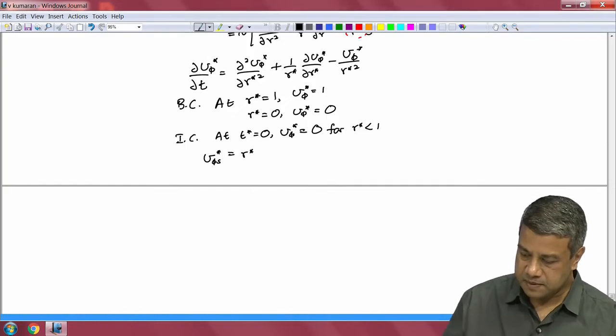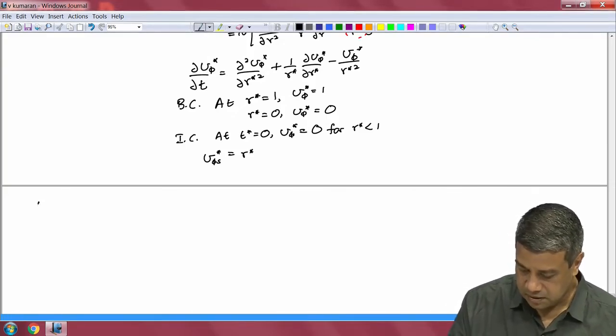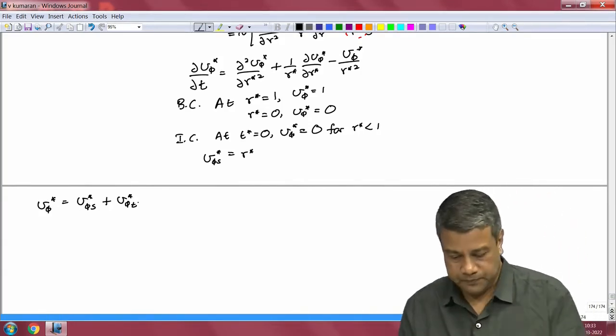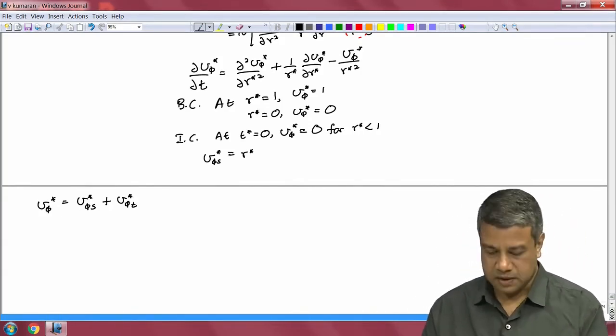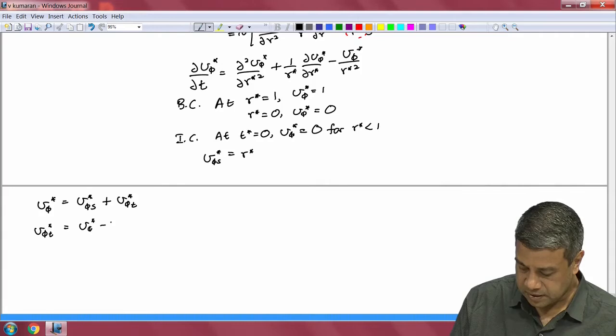Now we have to express the velocity as the steady plus the transient part. V phi is equal to V phi steady plus V phi transient, which means that V phi transient is equal to V phi minus V phi steady.